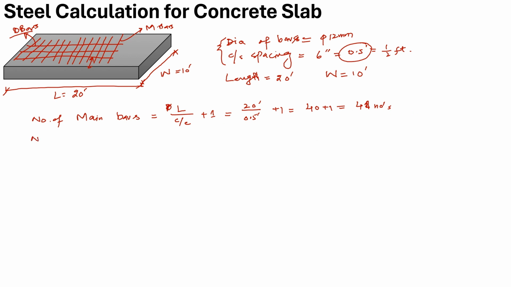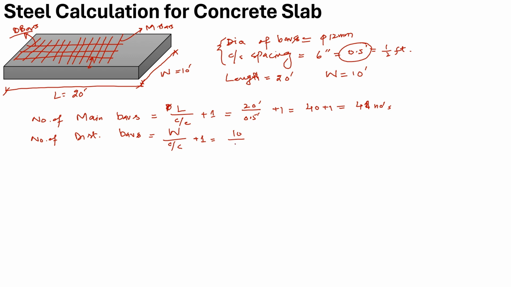In the same way we will calculate the number of distribution bars. This will be the width of the slab divided by center to center spacing plus 1. So what is the width?